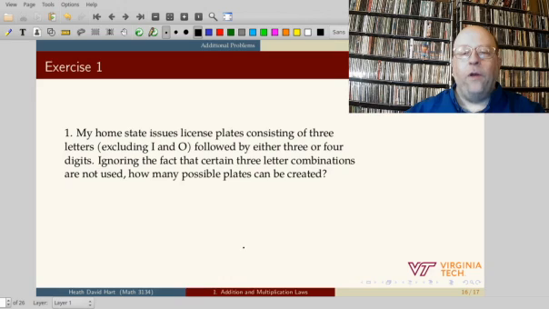Now, in practical terms, some 3-letter combinations are not used due to them spelling something unfortunate, for example. But if we ignore that fact and just allow any 3 letters, not including I and O, and any 3 or 4 digit combination, how many possible plates can be issued in my state?